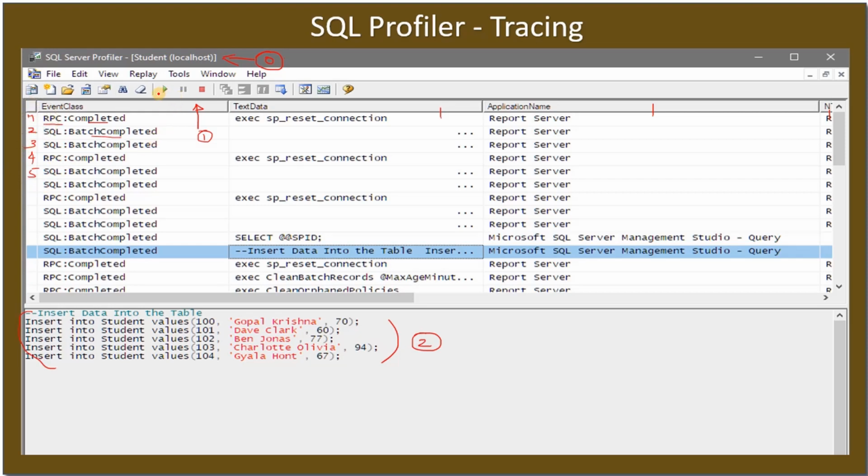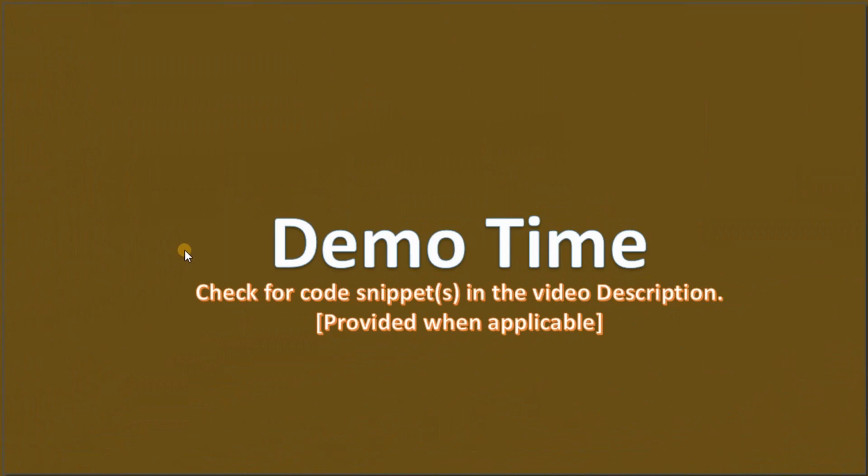That means once you start running it, whenever there is a hit to the database, that event will be shown here immediately, and at a later stage you can stop and analyze all the captured events. Now let's go to the demo and create a trace to capture some of the DB activity.